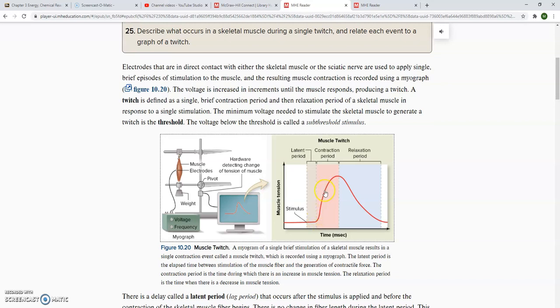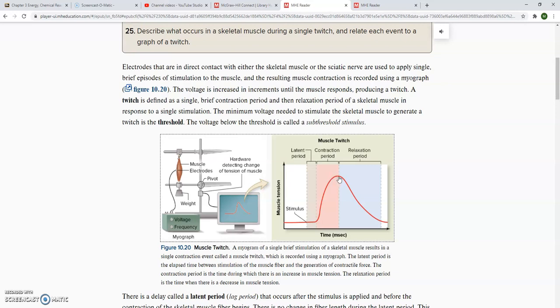The muscle tension will increase dramatically here, and this is called the contraction period. That's when we have all the cross bridge cycling going, and we're getting the shortening of our skeletal muscle fiber, and that shortening allows it to pull and produce tension on whatever part it's attached to.